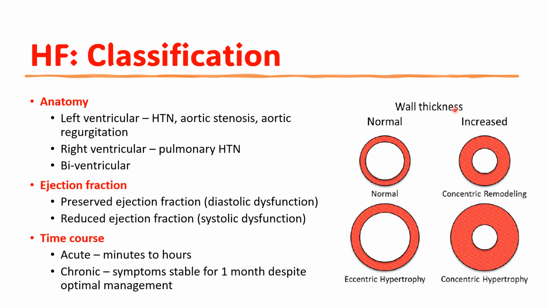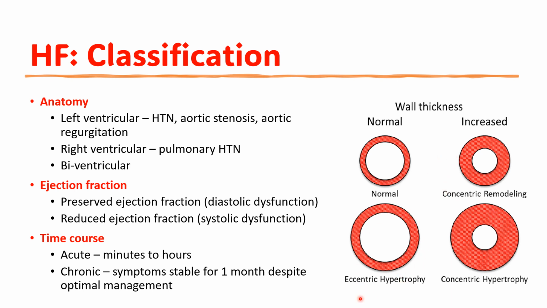So we need to look at the wall thickness because various things can happen. We can have eccentric hypertrophy, where the ventricle becomes dilated and the overall muscle layer is thinner, or we can have concentric hypertrophy, where the muscle layer is thickened and the actual size of the ventricular chamber is smaller.